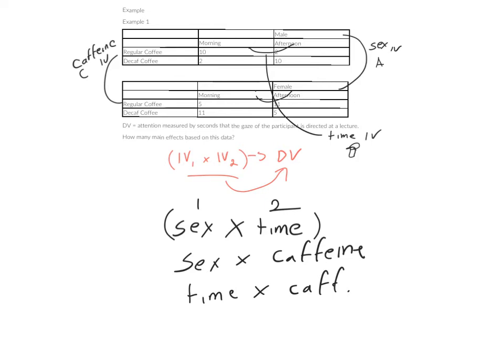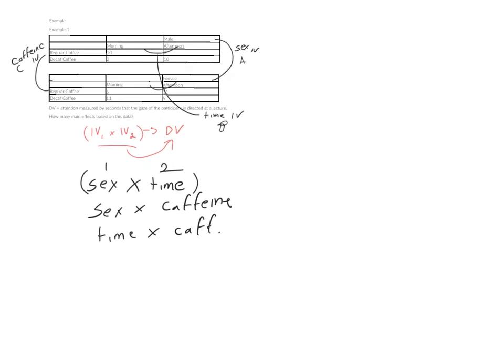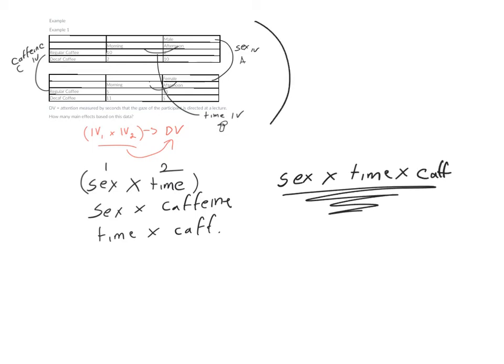A three-way interaction would be all of them. But I'm not asking that. I'm asking how many two-way interactions do we have? I'm actually not going to ask you for three-way interactions based on this kind of data just because it's too much, right? We're going to focus on just two-way interactions.